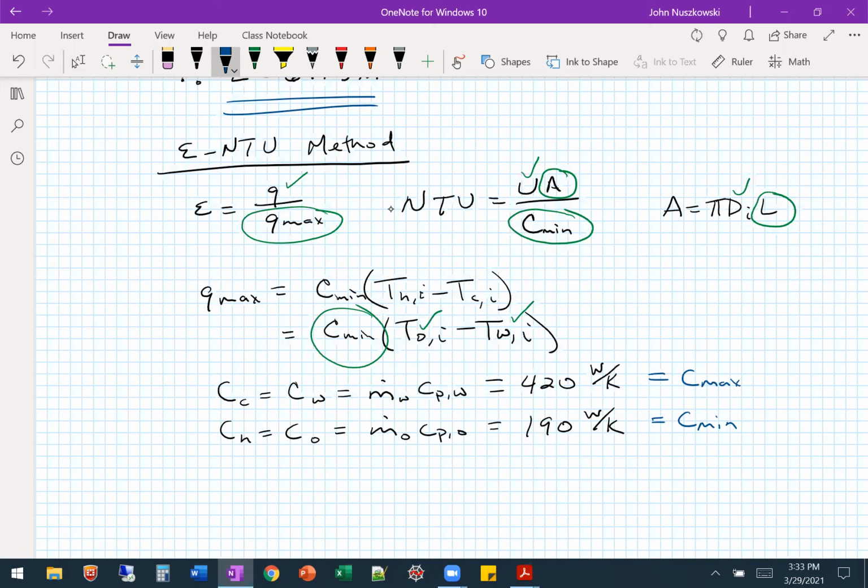It could be dependent upon the heat exchanger you're looking at. It could be the cold fluid, it could be the hot fluid that ends up being it. So you've got to solve them and then compare. All right, so looking back at our equations, we have our minimum heat capacity rate, so that means we can get Q max and then effectiveness.